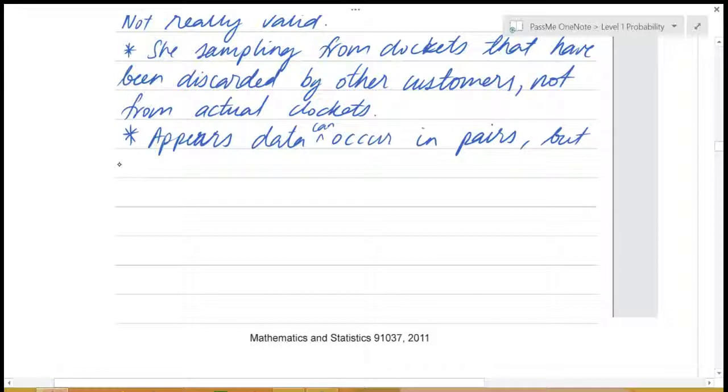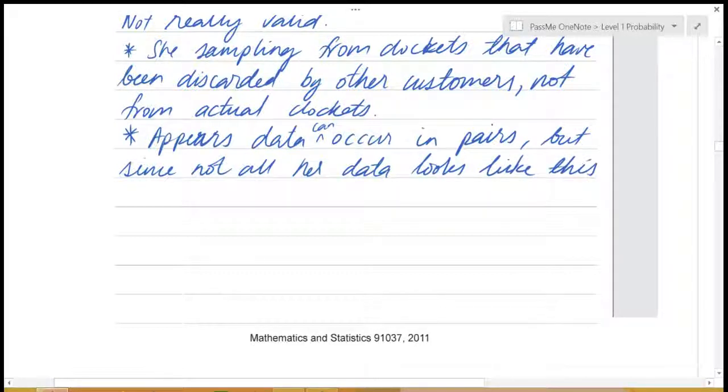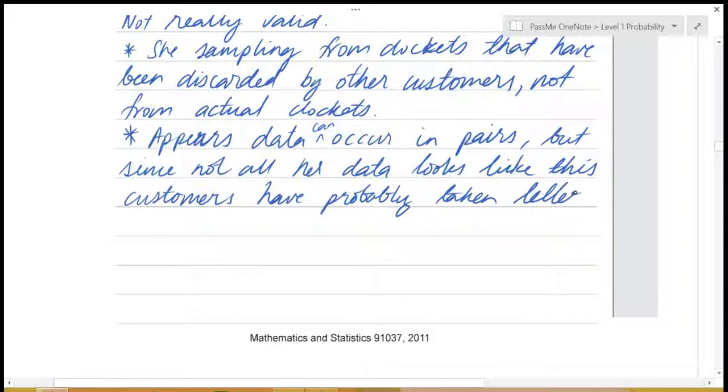But since not all her data looks like this, customers have probably taken letters out already.